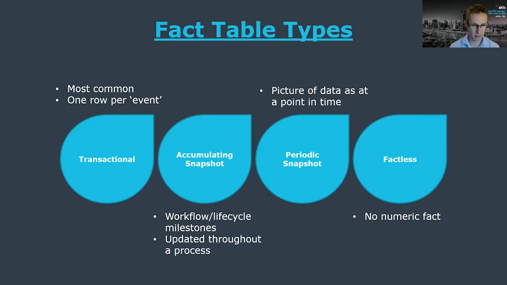In an accumulating snapshot, we typically would have 1 row for the entire instance of the workflow. And as that workflow moves through its various stage gates along the way, we're continually updating that fact record as and when those stage gates are hit. So it's 1 row continually being updated, whereas our transactional fact table is just inserting row after row after row with no retrospective updating occurring on it typically.